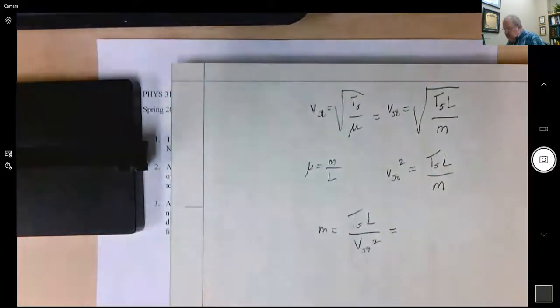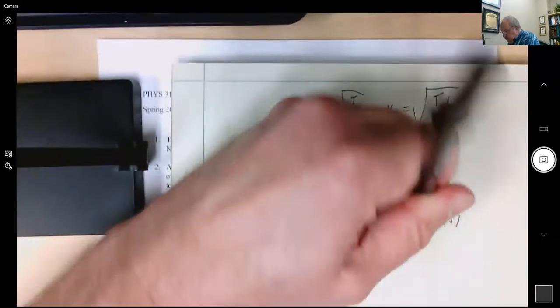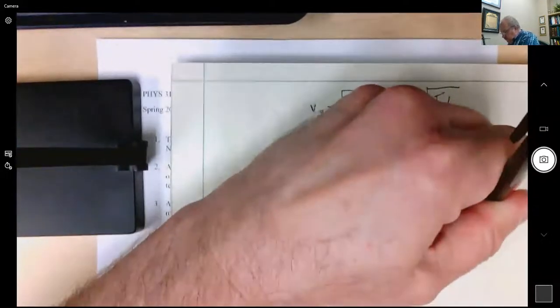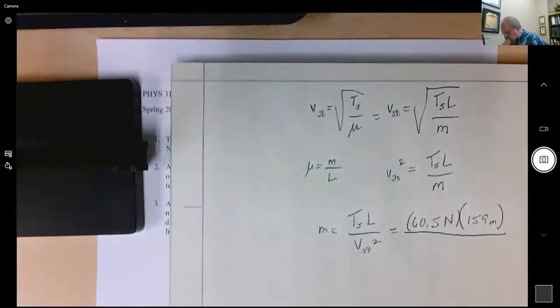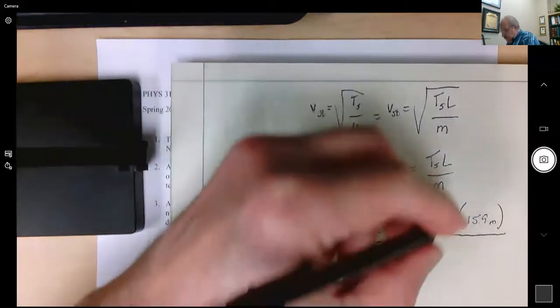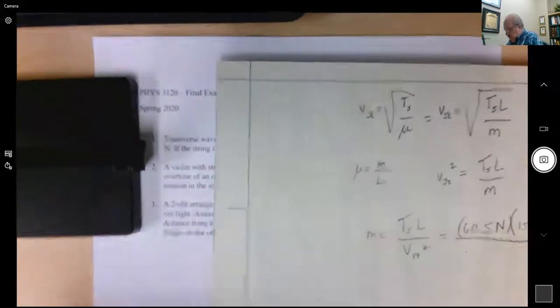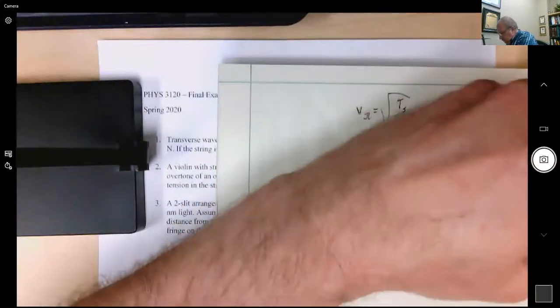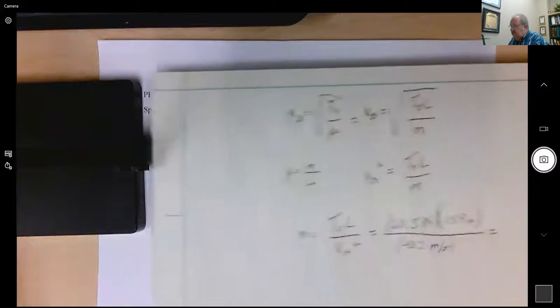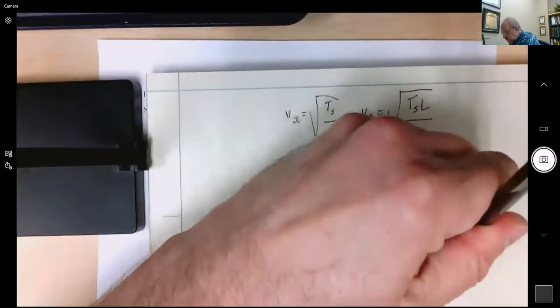The tension of the string we're given as 60.5 newtons. The length of the string is 15.9 meters. And the velocity of the string, I have to look back at the problem, is 43.2 meters per second, and I've got to square that too.